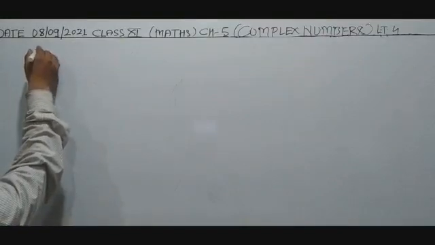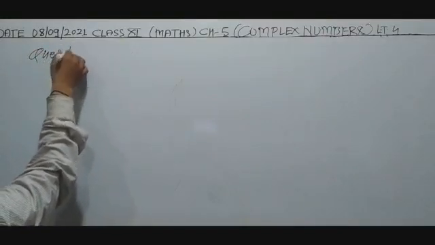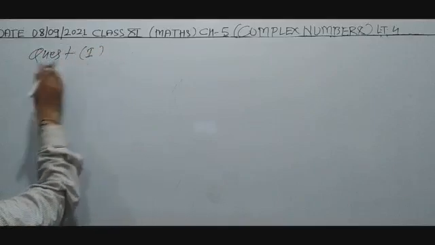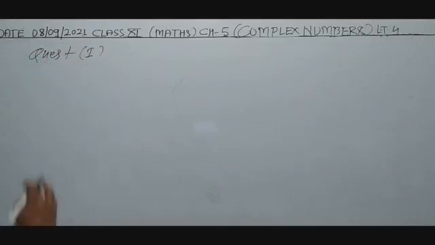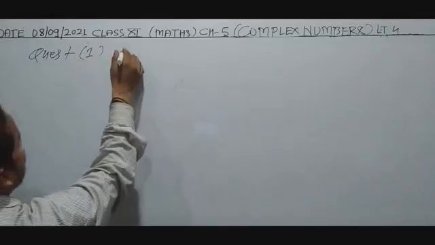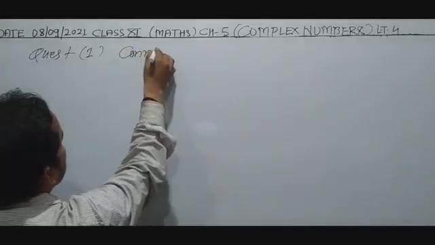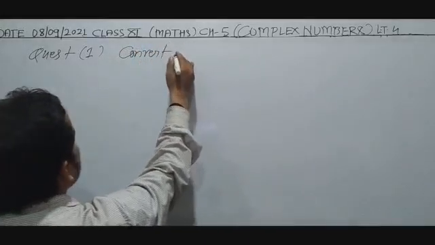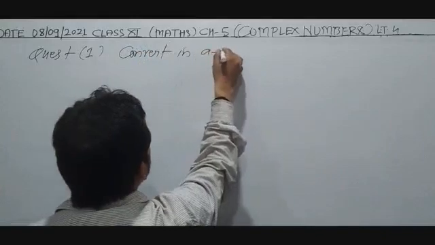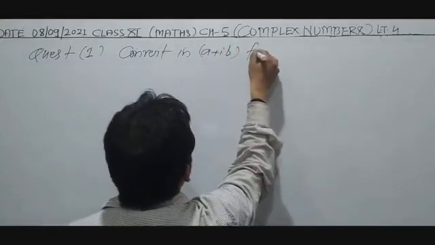Now come to the first question. First question is, convert (2 plus 3i) whole square in A plus iB form.